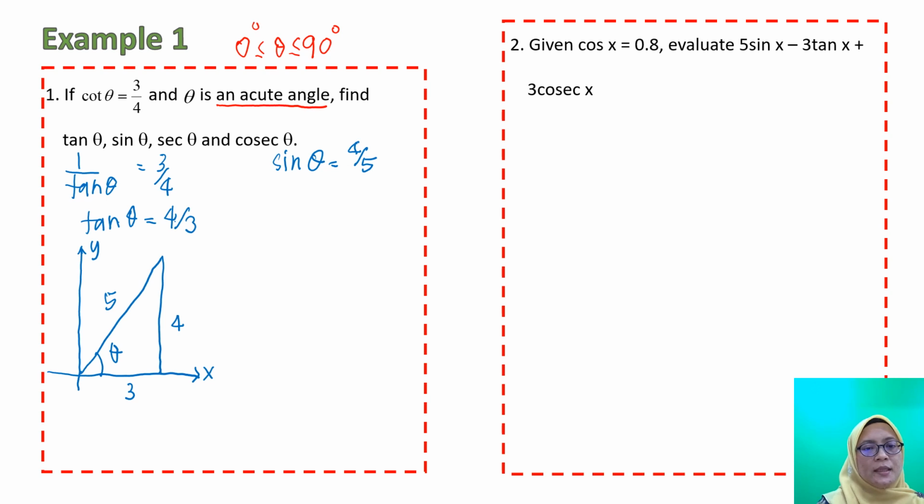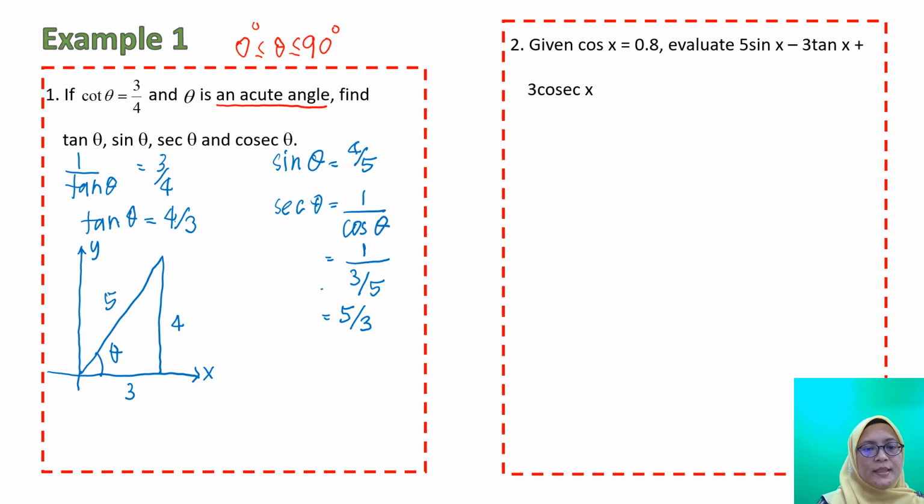Then secant theta. Secant is 1 over cos theta. Cos theta is adjacent over hypotenuse, which is 3/5, so 1 over 3/5 you get 5/3.